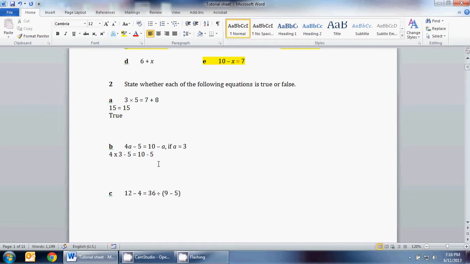So 4 times 3 is 12, minus 5 is 7. And 10 minus 3 is obviously also 7. So our equation here is also true.